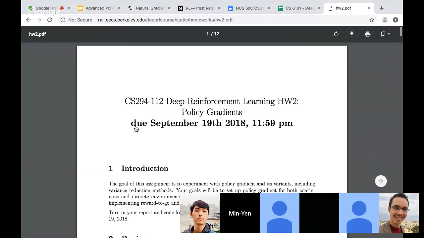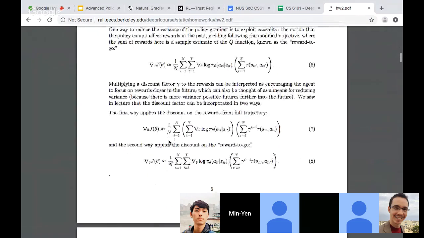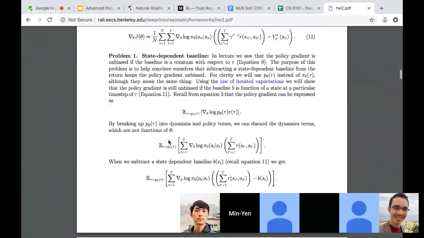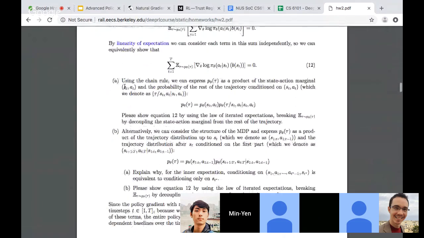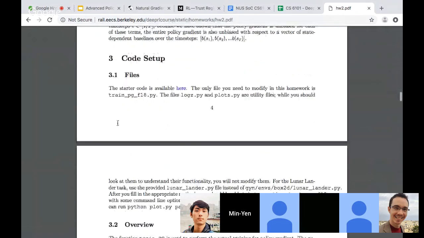So he gives you the math again, and this is fairly helpful because it's like our notes except actually complete. They give you a problem, and then ask you to do some math. And then there's code.